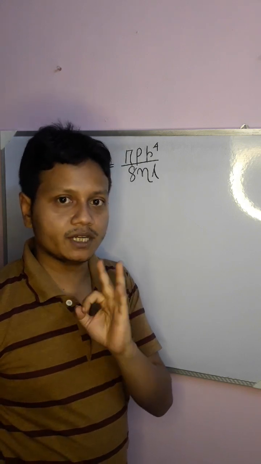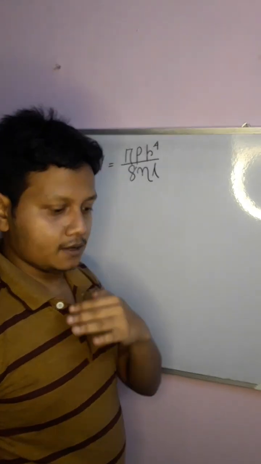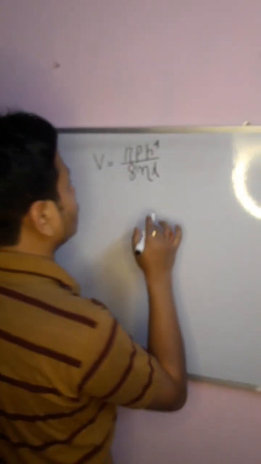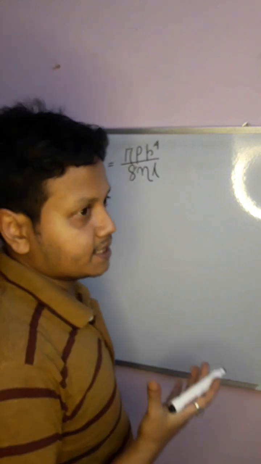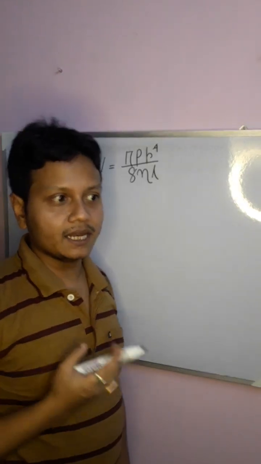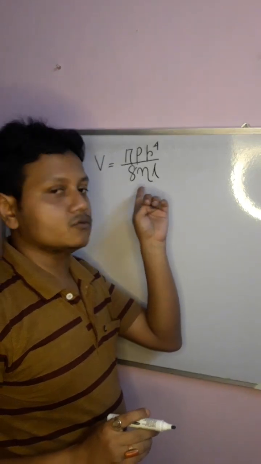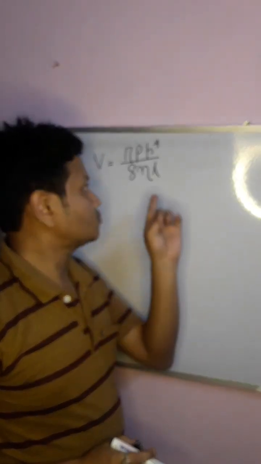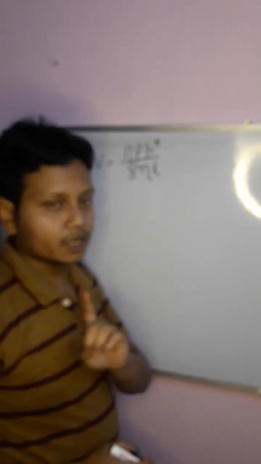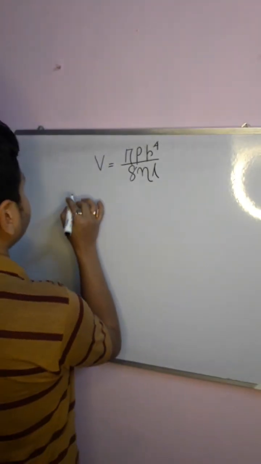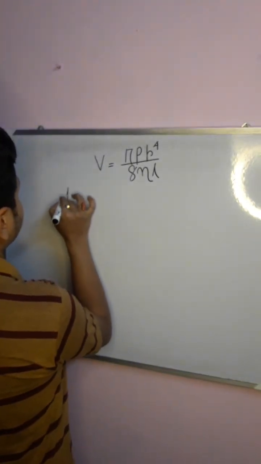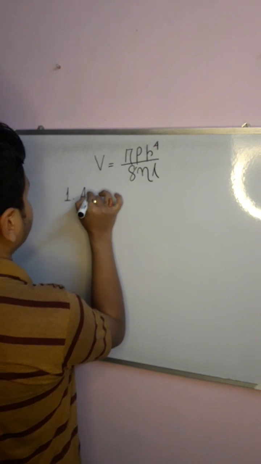That means the liquid has some acceleration at the inlet end of the cylinder. So since there is an acceleration at the inlet end, this equation needs a modification. That means we have to make a correction to this. So the first correction is the acceleration correction.